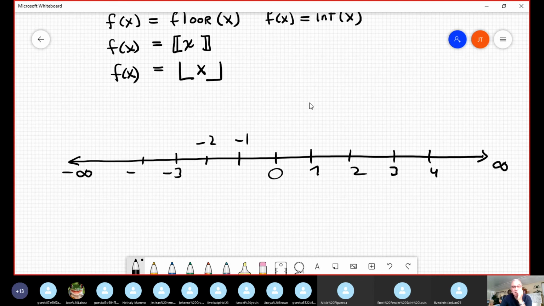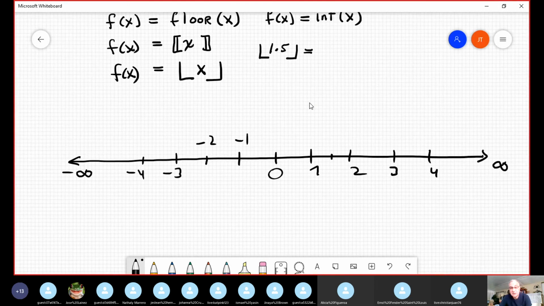Suppose I try to compute, using that symbol, the greatest integer of 1.5. Okay, 1.5 here.